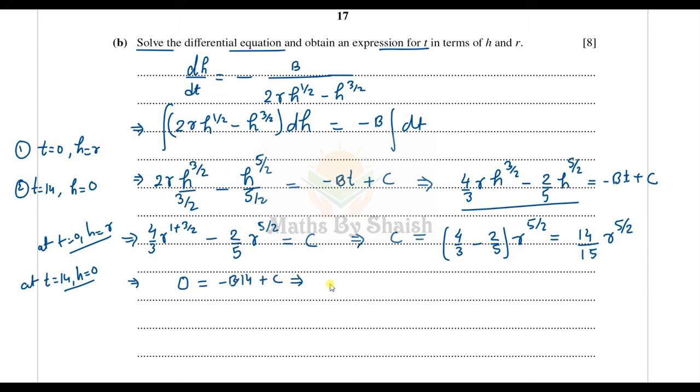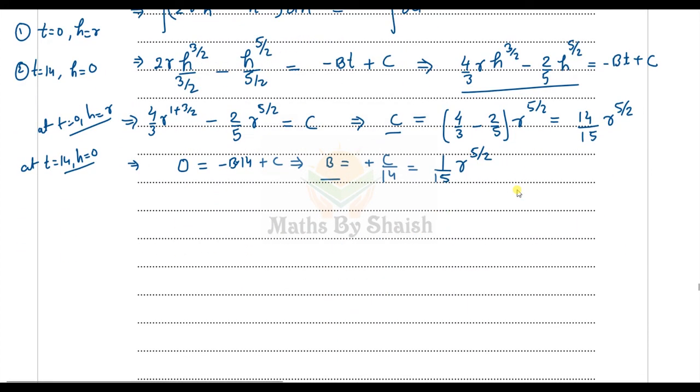Hence b will be c over 14, and we have already the c value, so if we put it, we'll get 1 over 15 times r to the power 5 by 2. So we have the b value and the c value, and we'll replace them here to get the value of t in terms of h and r.